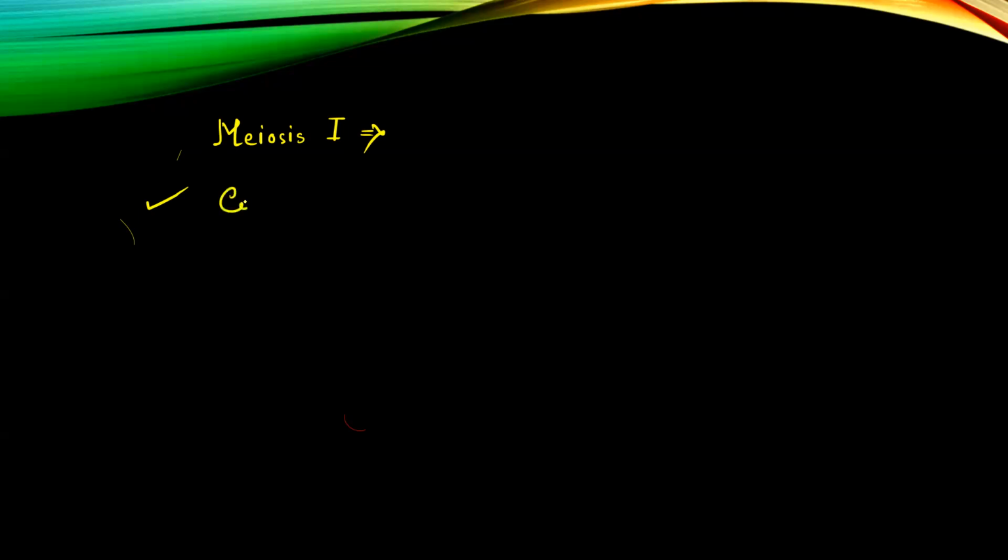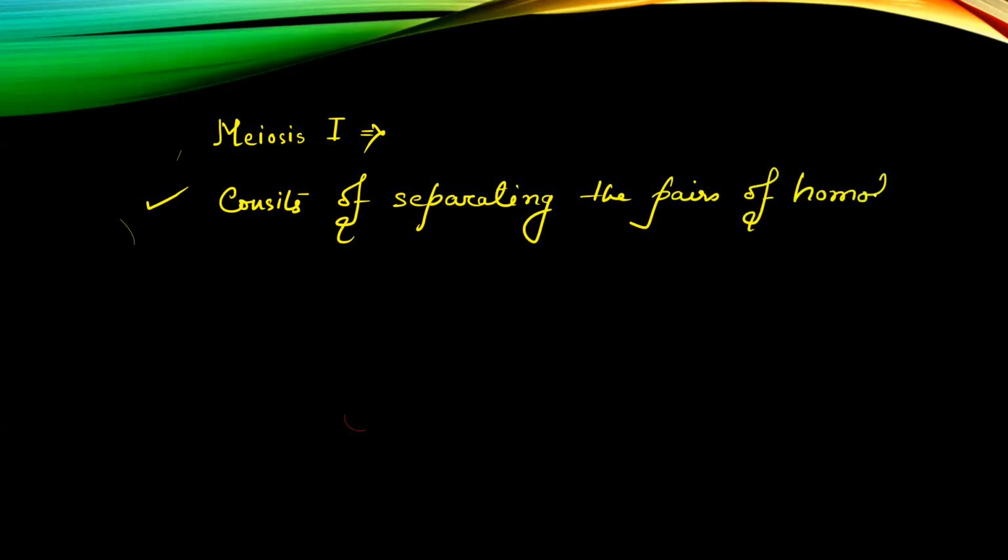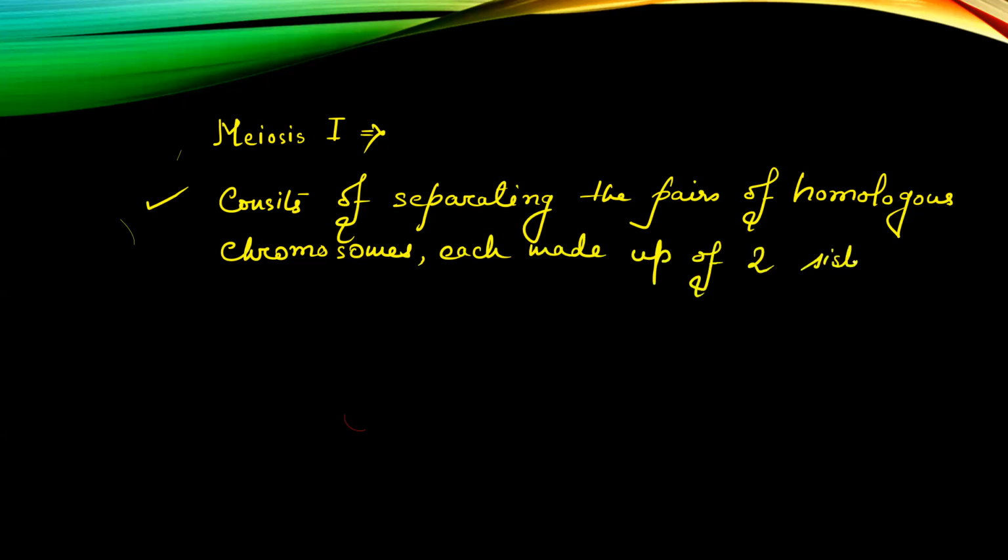It consists of separating the pairs of homologous chromosomes, each made up of two sister chromatids, into two cells. That is daughter cells, right?